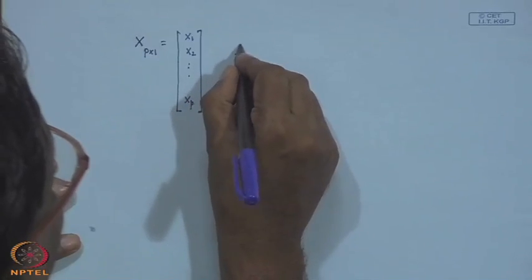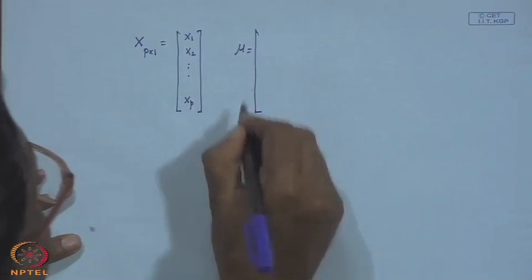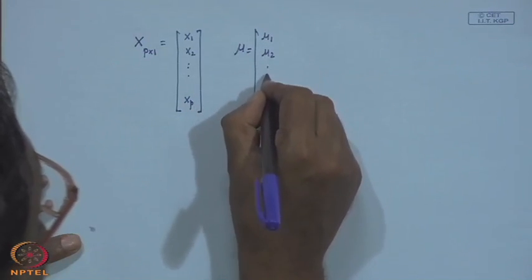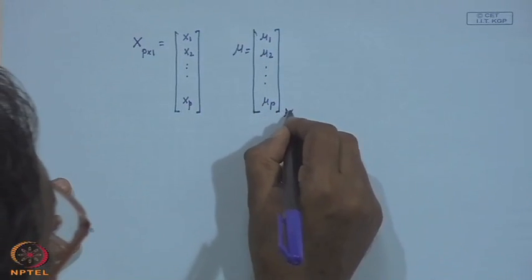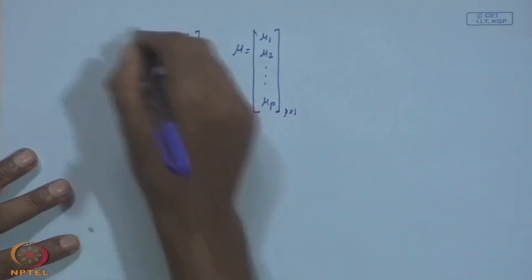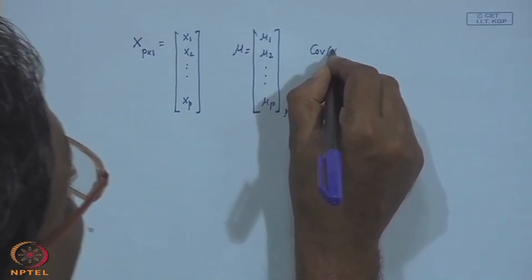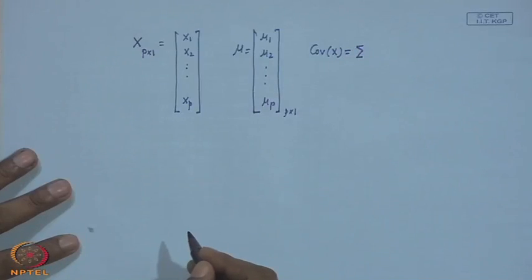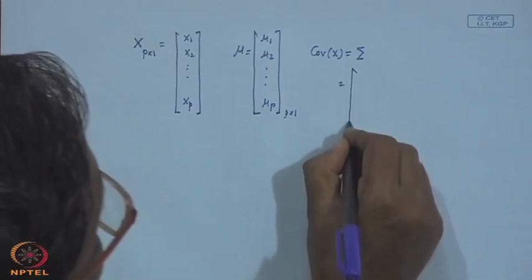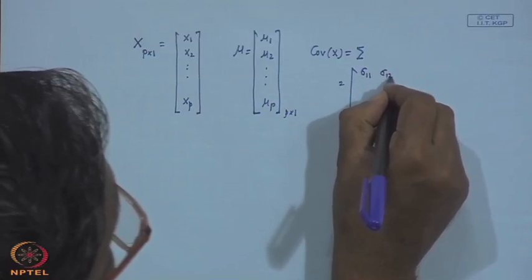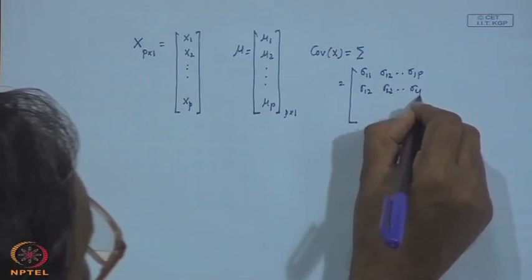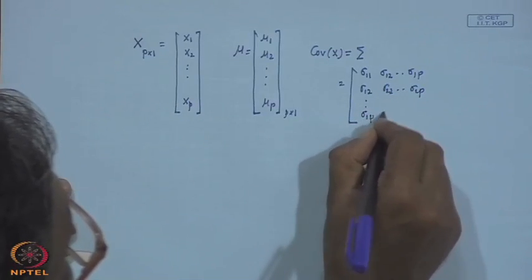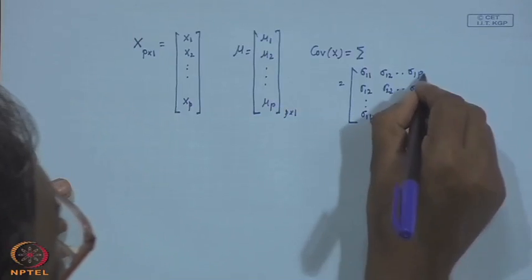Now, suppose this x has the mean vector like this, which will be mu 1, mu 2, mu p. This will be a p cross 1 vector. This x also has a covariance matrix, which is capital sigma. You can write sigma 1 1, sigma 1 2, sigma 1 p, sigma 1 2, sigma 2 2, sigma 2 p, like this, sigma 1 p, sigma 2 p, sigma p p.